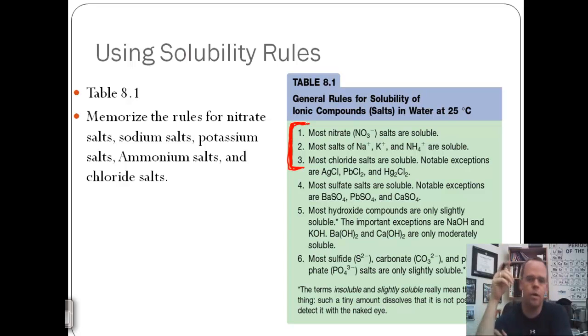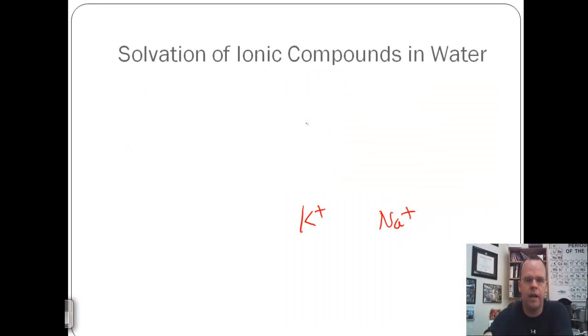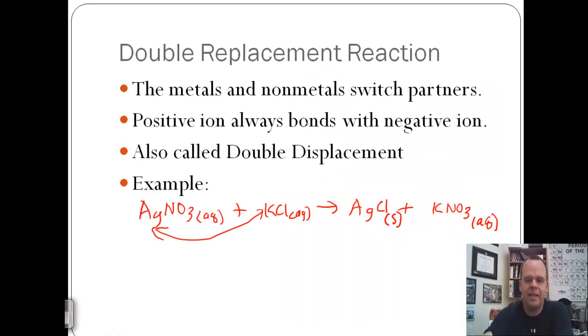And you remember silver is always 1+. That's its charge that we know from the periodic table. So if you think back to that earlier reaction we were looking at, we had AgCl. Chloride is soluble, dissolves in water with everything except silver 1+, lead, or mercury. Well, in this case, we have silver 1+, so that's why this is a solid.